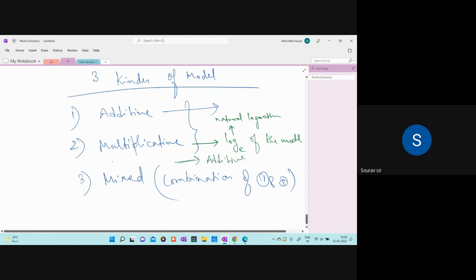It's very easy to deal with, because additive models are very easy to deal with. So we can use the same trick on the multiplicative model and convert it to an additive model as well.